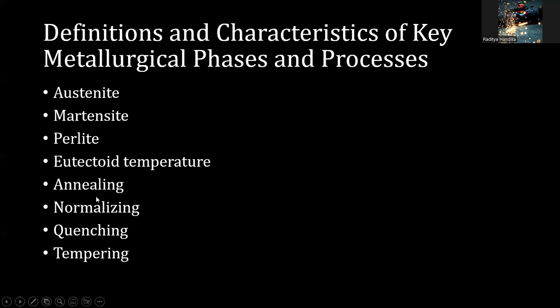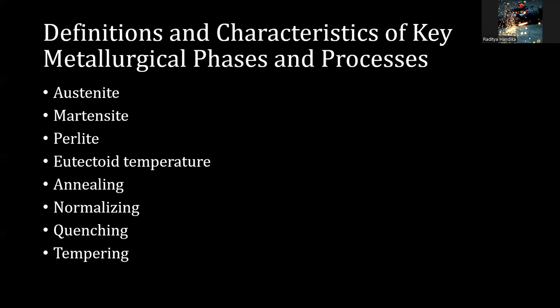Processes like annealing and normalizing are essential for customizing metal properties. Annealing reduces stress and enhances ductility by slow cooling, allowing for recrystallization, whereas normalizing achieves a uniform fine-grained structure by air cooling from the austenitic range.